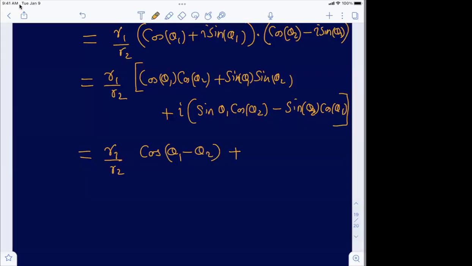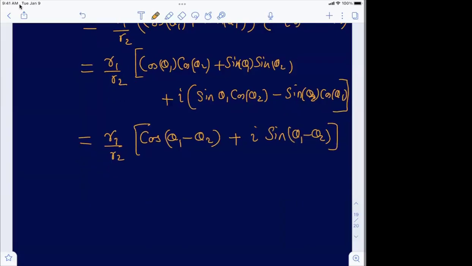And then the second piece is going to be sine of theta 1 minus theta 2. So in other words, when you do a division, what you're doing is essentially subtracting the arguments, which should tally with the observation that you had with the product.